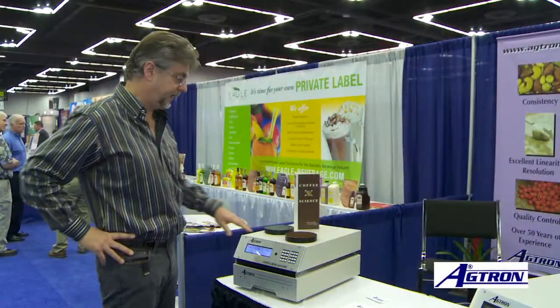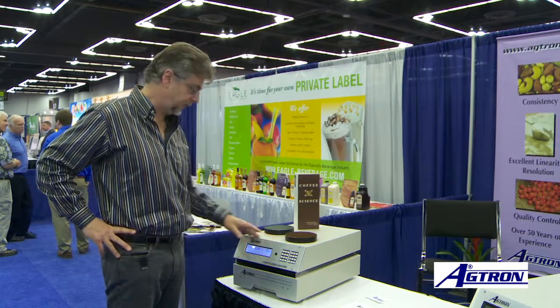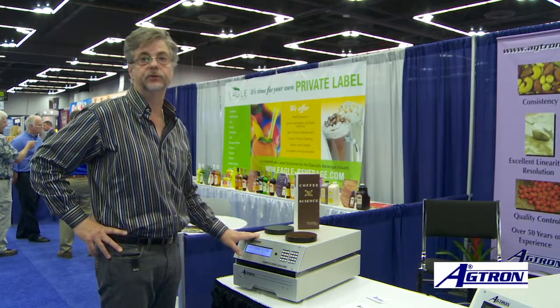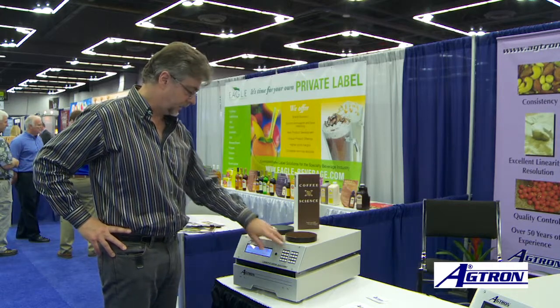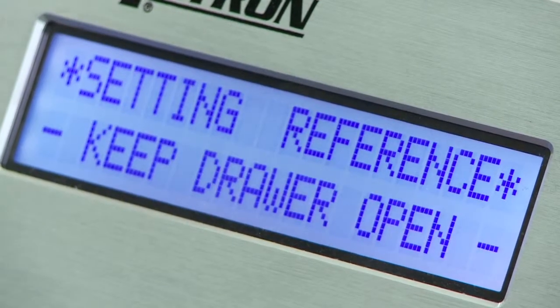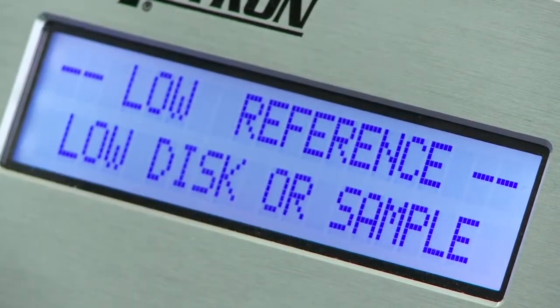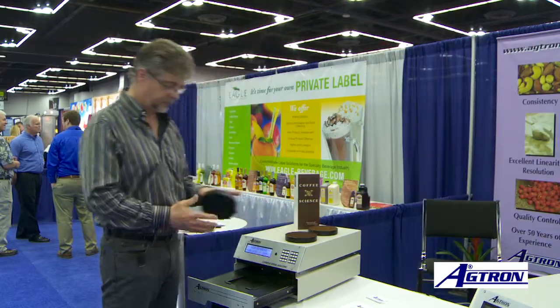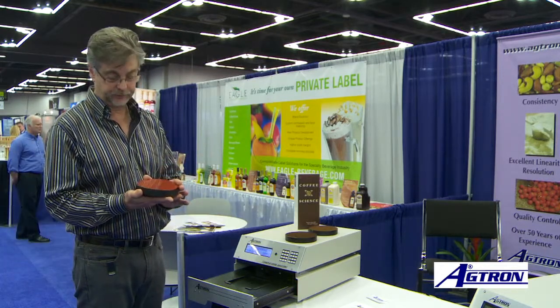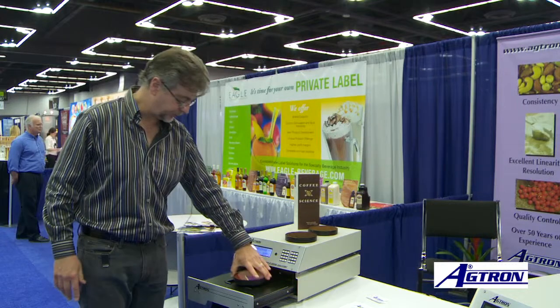So we're going to calibrate the analyzer. This is the Agtron E20CP. This is the analyzer most widely used around the planet. Push the calibration button. I'm going to use a synthetic standard to do the calibration. The standard has two sides to it. One that represents the lighter roast, and another side that represents the dark roasts.